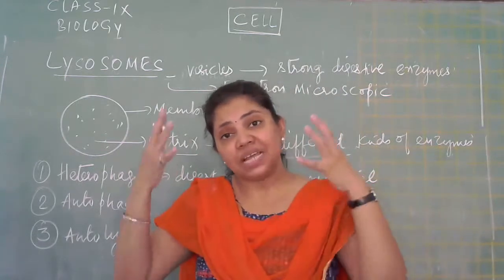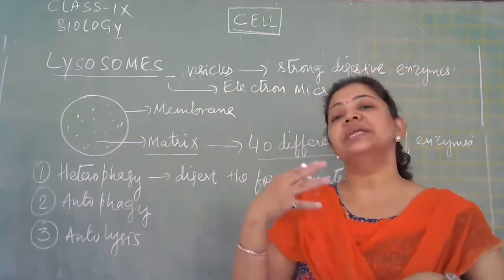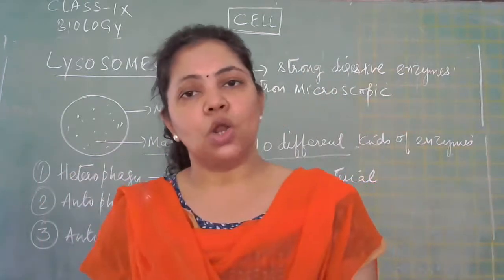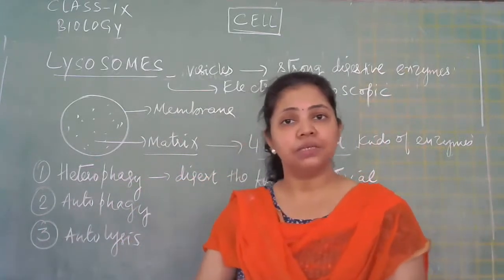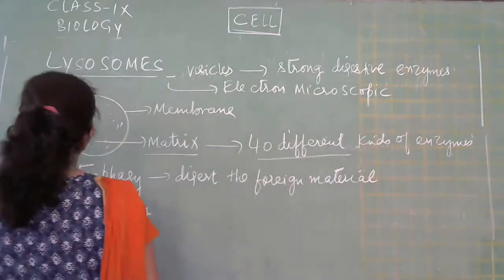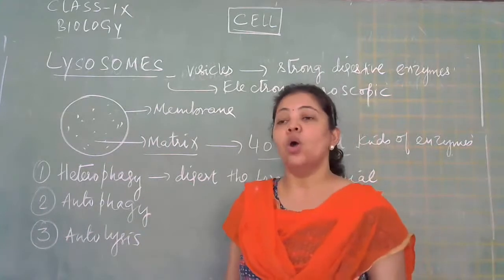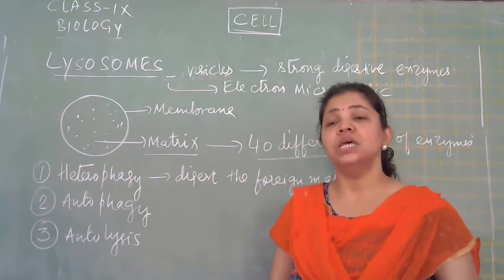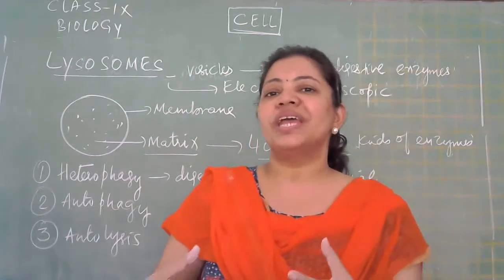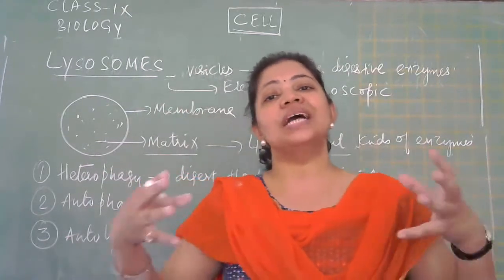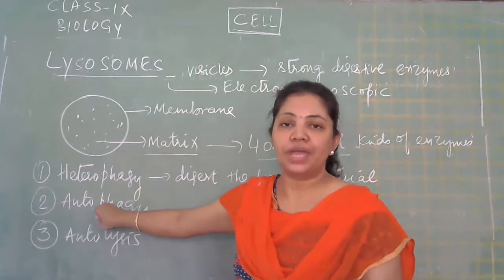To keep the cell clean, any dead cell organelle, any dead remains of an old cell organelle, all kinds of waste generated inside the cell like this, are digested by the lysosomes, and this is known as autophagy. Auto stands for self, meaning जिस सेल में लाइसोसोम्स प्रेजेंट है उस सेल के अंदर जो भी वेस्ट है, जो डेब्रिस है, उसको डाइजेस्ट करके क्लीन करना, that is the meaning of the word autophagy, right?